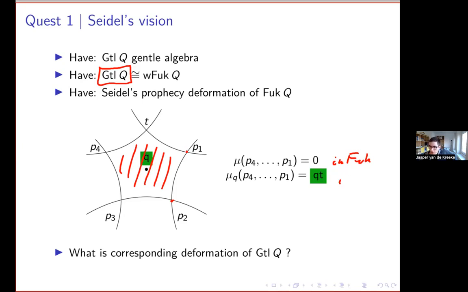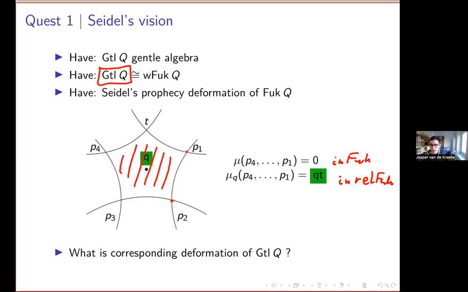But in the relative Fukaya category, so I'm writing the product as mu k here, there is a product and it actually gives Q times T. In this case, T is just this output morphism here, and Q is our name for the deformation parameter.